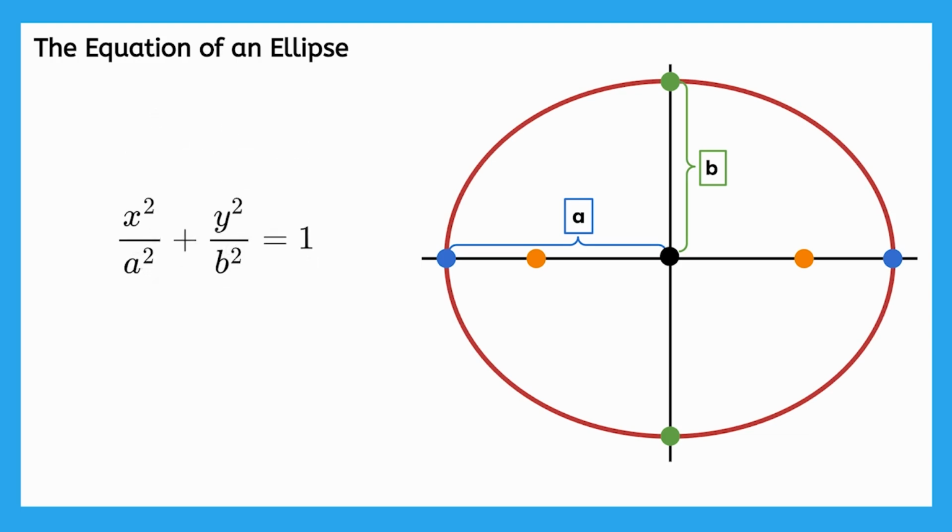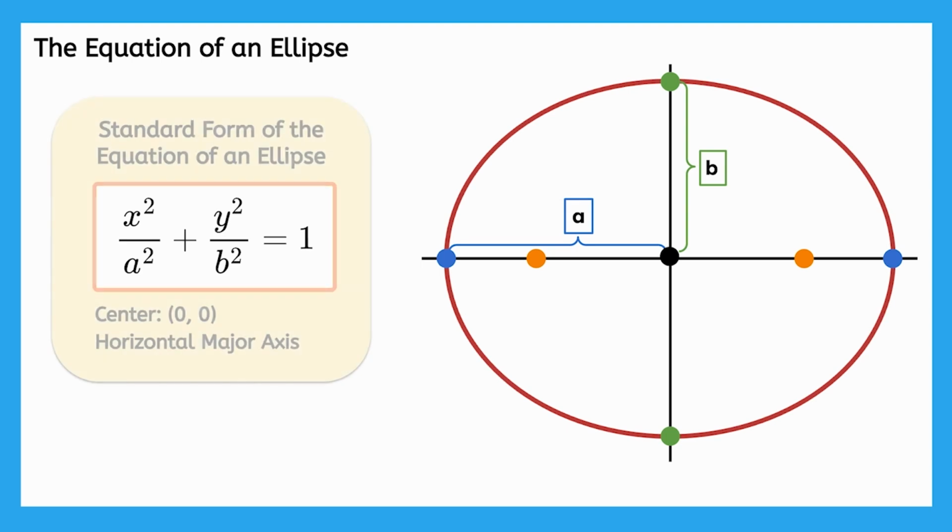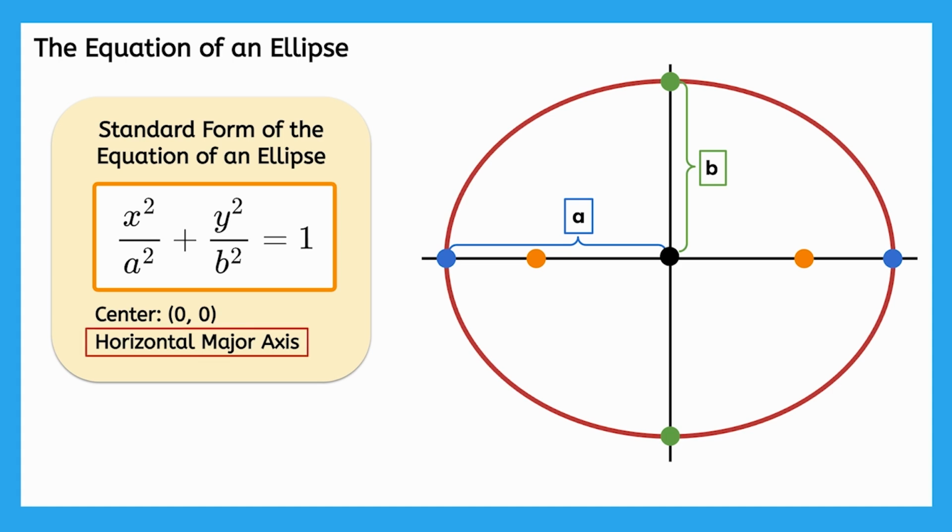It'd be x squared over a squared plus y squared over b squared equals 1, which we call the standard form of the equation of an ellipse centered at the origin. In particular, this equation represents an ellipse with a horizontal major axis, which we can also call a horizontally oriented ellipse. Why is it important to specify this?